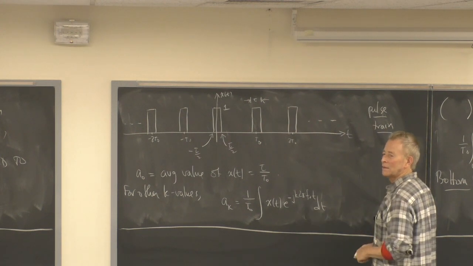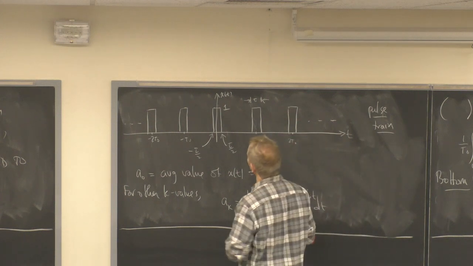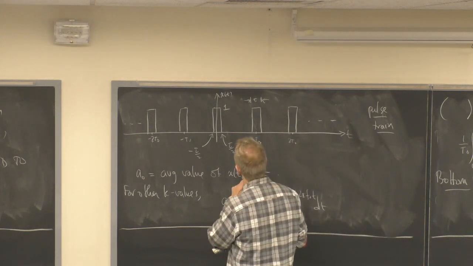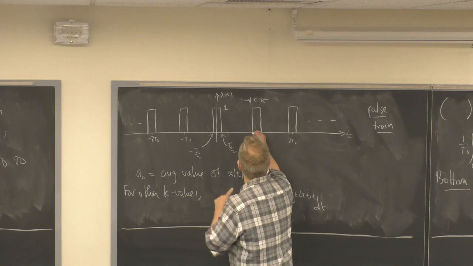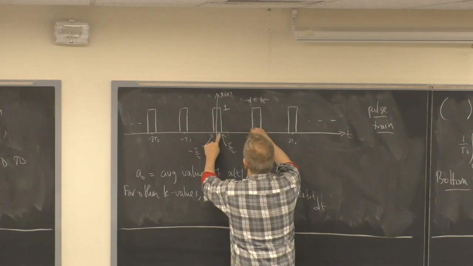Yeah. Minus T0 over 2 to plus T0 over 2. Or possibly minus tau over 2 to T0 minus tau over 2.